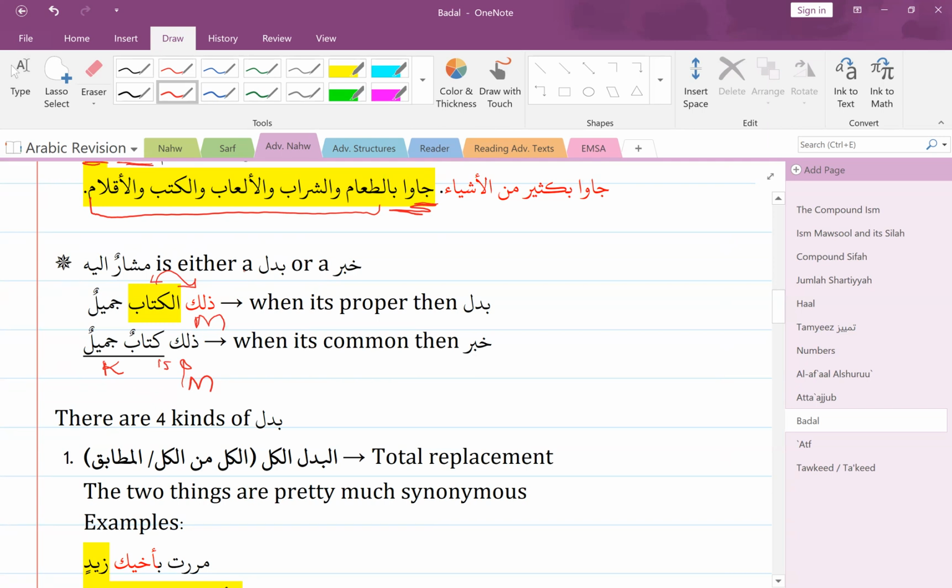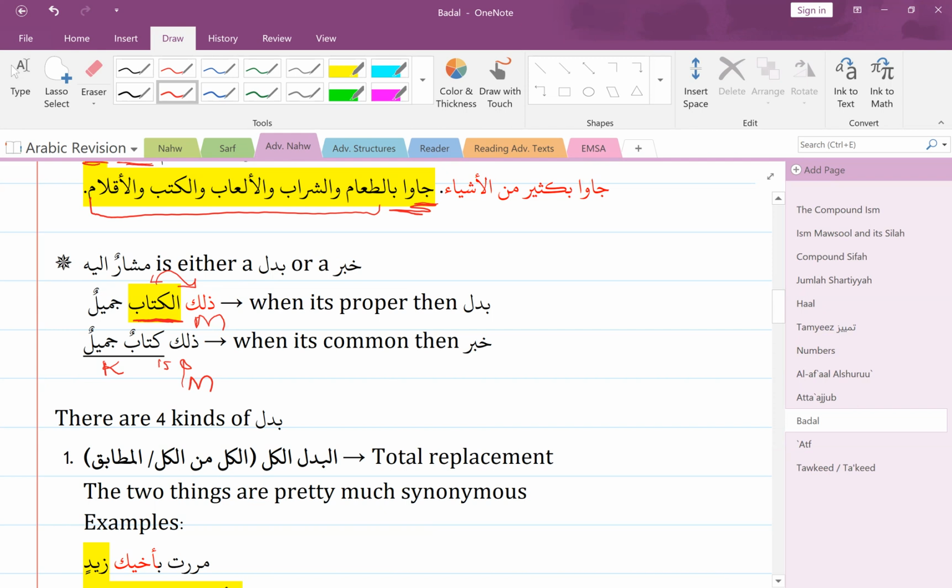While that is true, basically what a musharun ilayh means is the thing being pointed at. The thing being pointed at could be a noun, could be something else. You can point at anything. So in this case, we are pointing to something that is proper. And that means that this is the badal of dhalika.